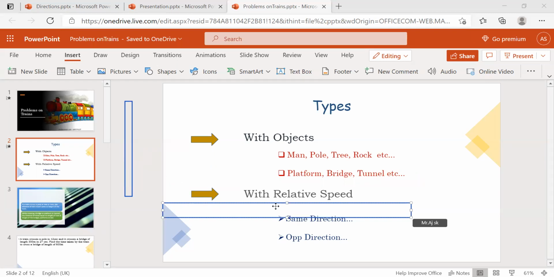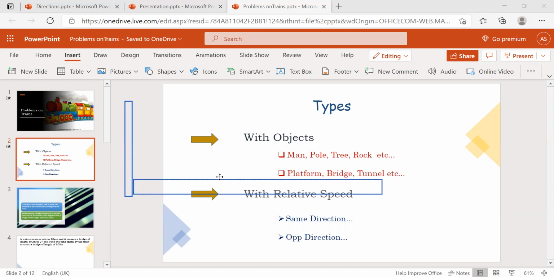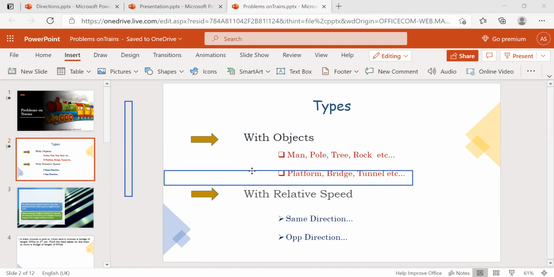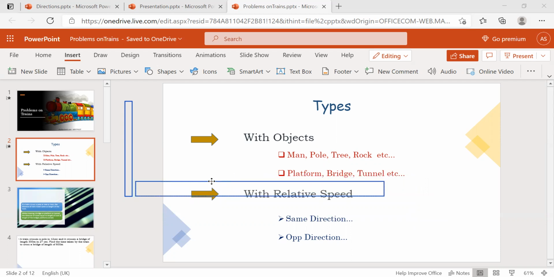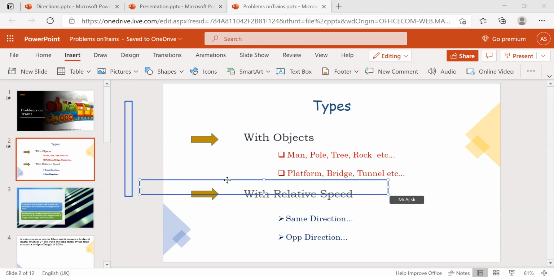Here the objects are like a man, pole, tree, or rock, or some other telephone pole, whatever it may be, whose length is very small or negligible compared to the train length. If the train is crossing that object, then the distance traveled by the train is nothing but the same as the length of the train.